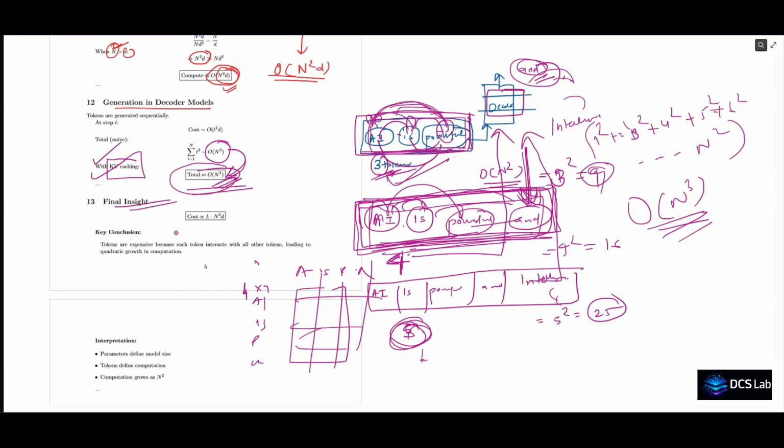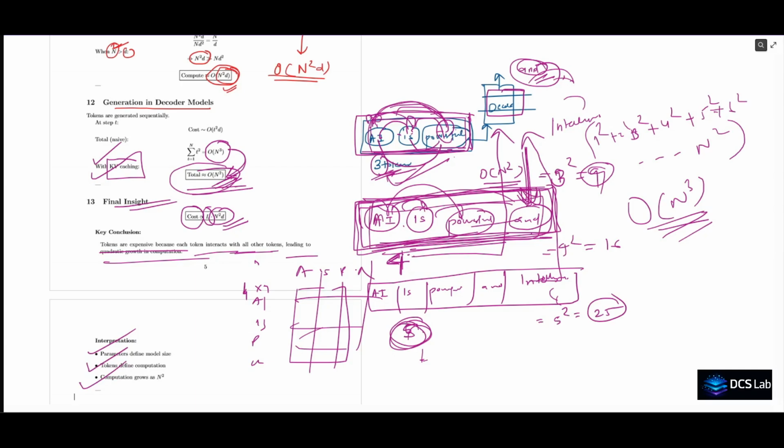So final insights, we have cost proportional to the number of layers, the n square d factor, right? Now tokens are expensive because each token interacts with all other tokens. This is where attention comes in, leading to a quadratic growth in computation. So what did we finally prove? That parameters define the model size, tokens define the computation, and computation grows as n square, right?